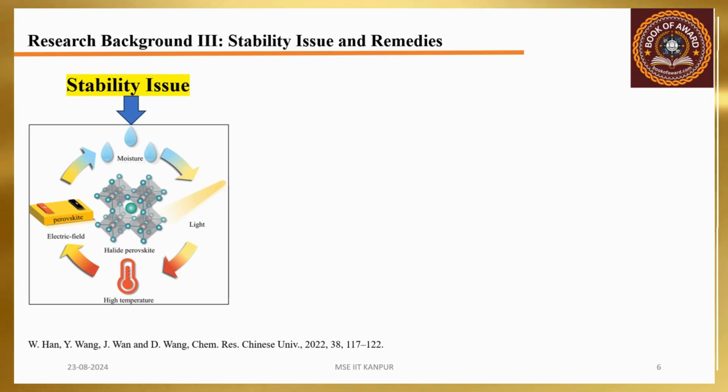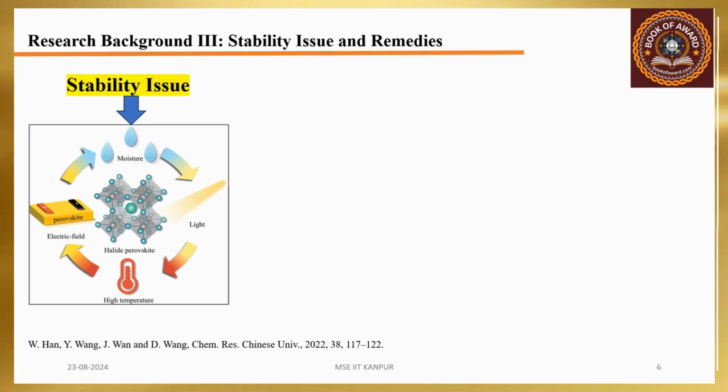Since perovskite material has organic material and organic material quickly reacts with the water molecules of moisture, it quickly degrades in moisture. The UV light present in solar radiation has sufficient energy to migrate the halide ions of perovskite material, due to which it has low photostability.